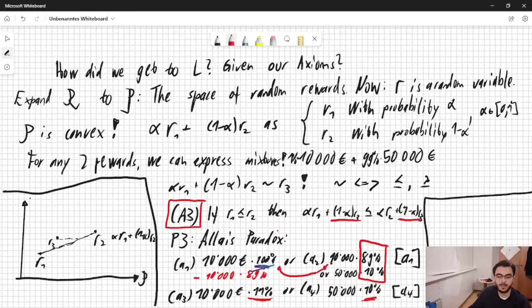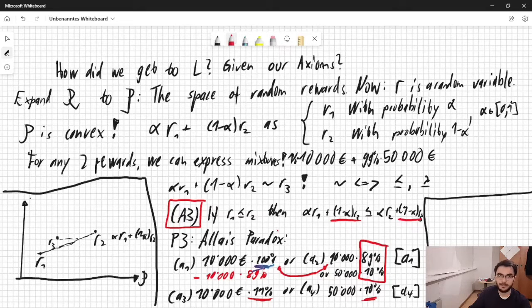So if we're uncertain, we might as well choose the option which maximizes our expected value, which in this case is 50,000 times 10%. Because that has an expected value of 5,000, which is better than an expected value of 110, which we get for the other option. Yeah, so there's an intuition behind this, and you could argue that it makes sense.